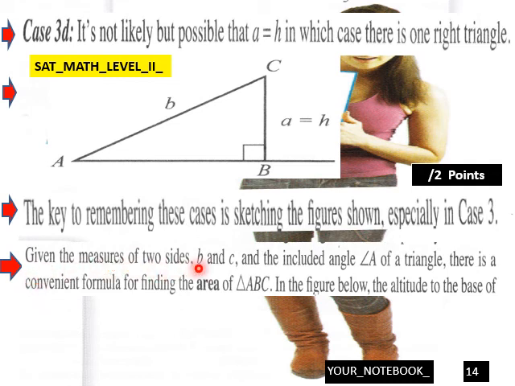Given the measures of two sides b and c and the included angle A of a triangle, there is a convenient formula for finding the area of triangle ABC.